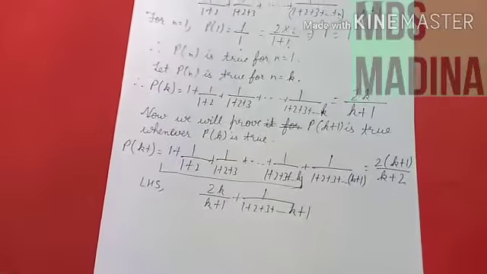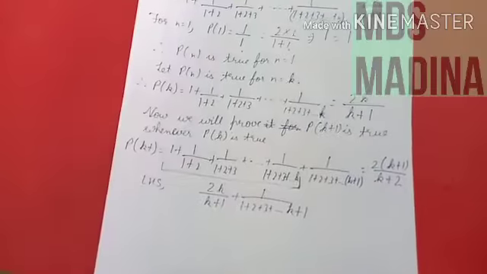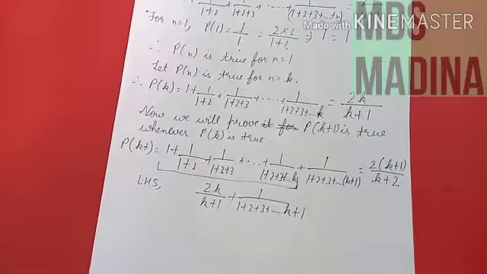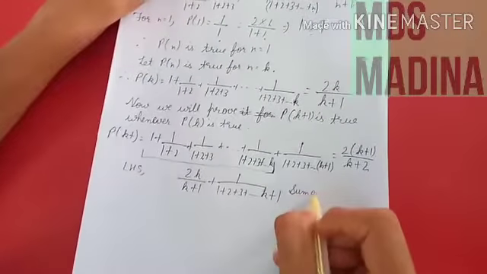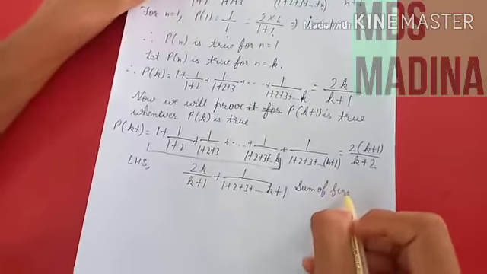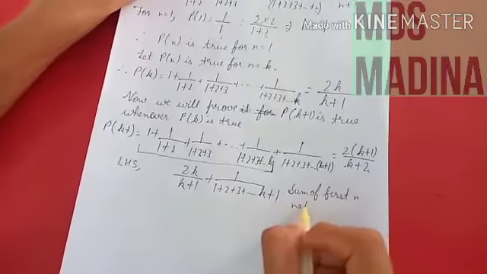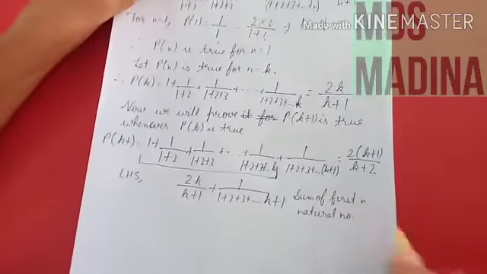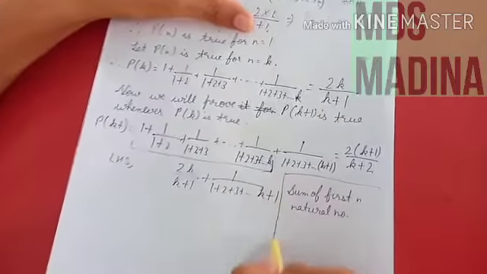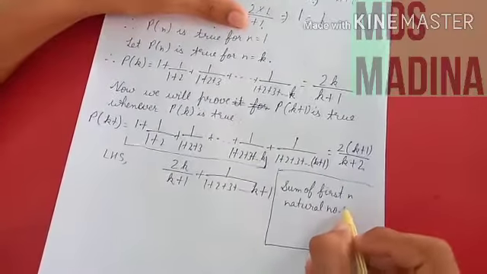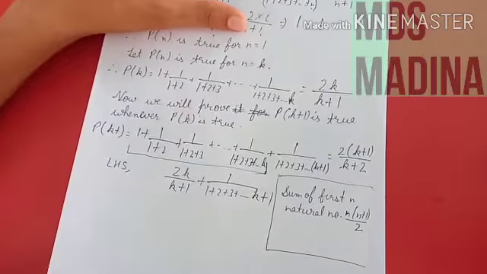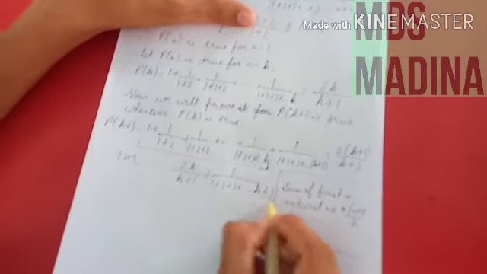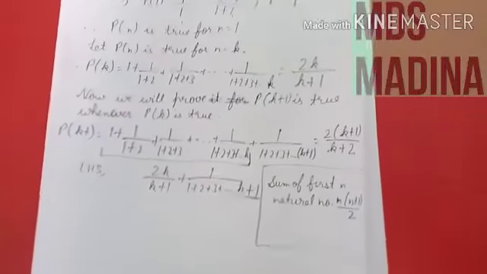Now remember that sum of first n natural numbers is n into n plus 1 by 2. And what is our n here? Our n is k plus 1, means total number of terms that we are having is k plus 1.